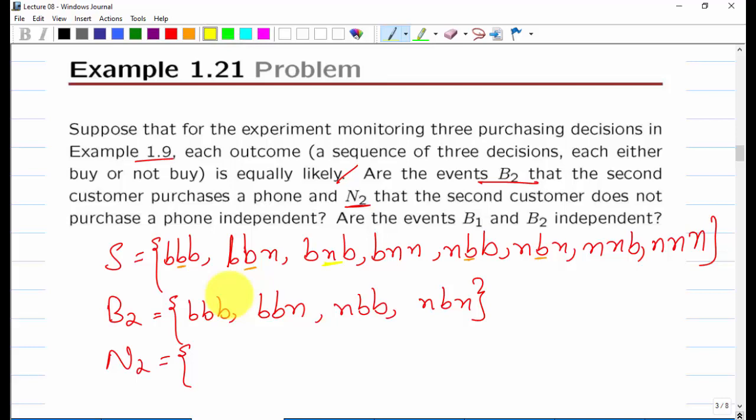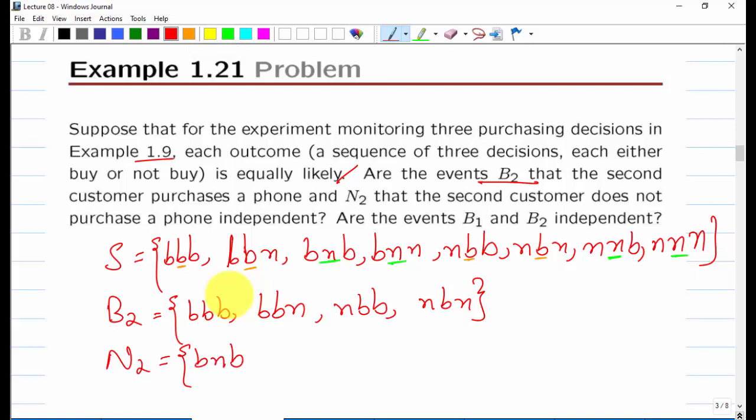So this will be using some different color. This one, second customer N. So we have these 4 outcomes for this event N2.